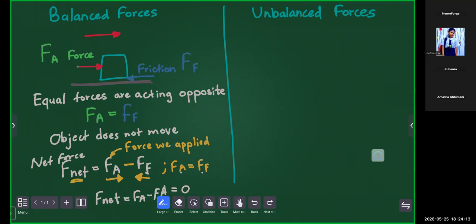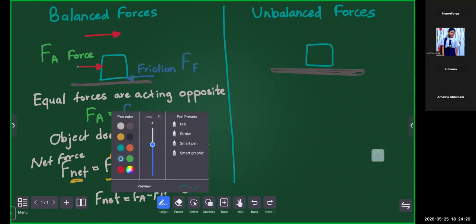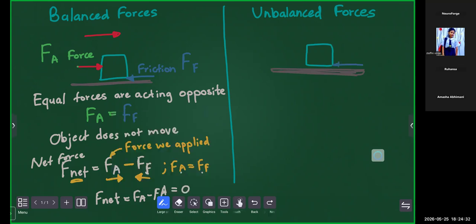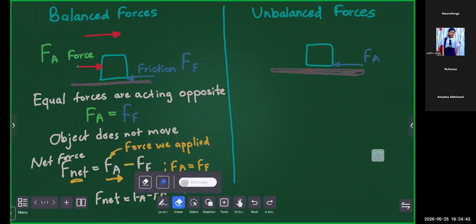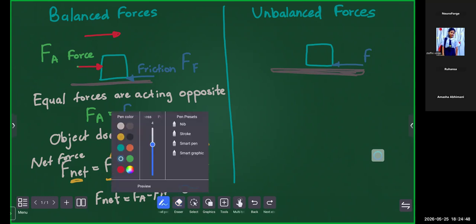Again, let me draw the same picture here. This is the surface or the table, and let me keep the same box on the surface. The frictional force is FF, and the applied force is, sorry, I made a mistake, not FF for the applied force.